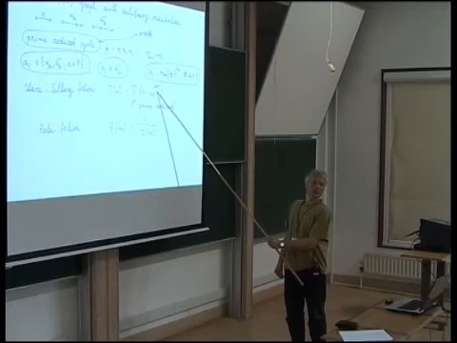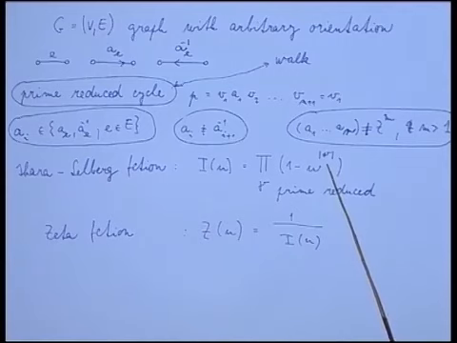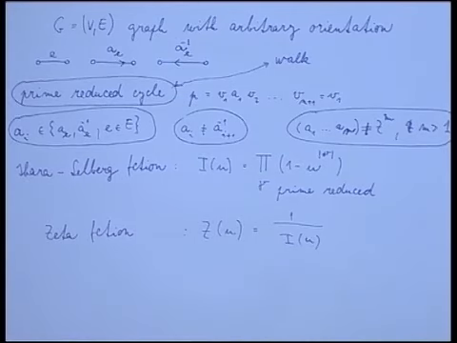The weight is the size, the number of directed edges, the number of steps in the prime reduced cycle. You could put a different variable for each directed edge, and then take the product over the directed edges of the cycle.